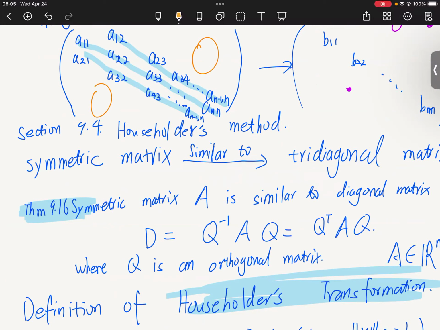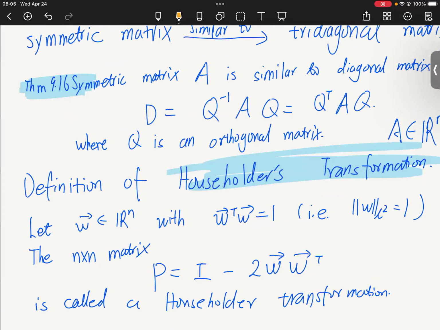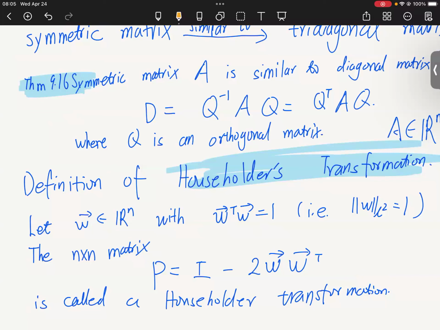And last time we defined the householder transformation. It is defined by a unit vector in L2 norm, and we use this unit vector to define the matrix P equals I minus 2W W transpose.